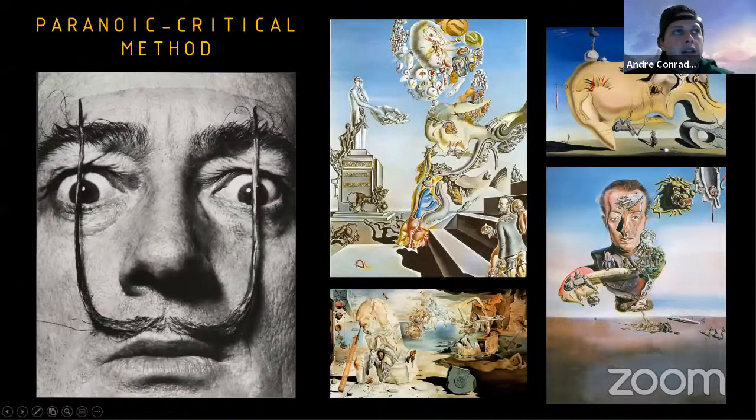He worked on the principle of the paranoid critical method, which is a mental state in which deep paranoia and anxiety create hallucinations. Then he takes these visions and brings them into physical form in his art, trying to rationalize the irrational.